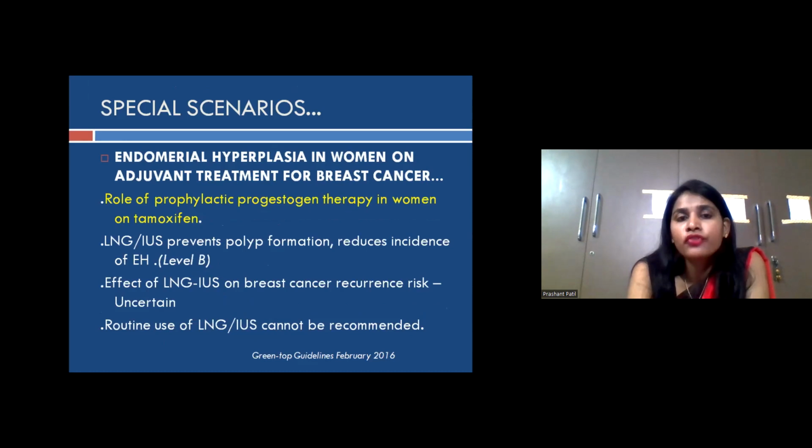And what is the role of progesterone therapy in women on tamoxifen? Though we know that LNG-IUS definitely prevents polyp formation and reduces the incidence of endometrial hyperplasia, in patients with breast cancer it is uncertain what the effect of LNG-IUS is on breast cancer. That is why the use of LNG-IUS in breast cancer patients cannot be recommended.